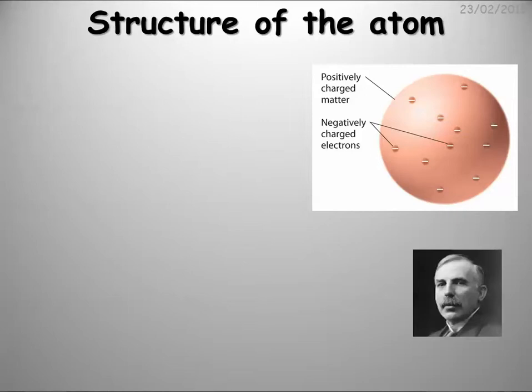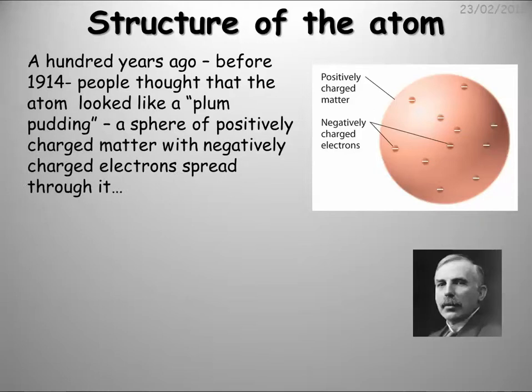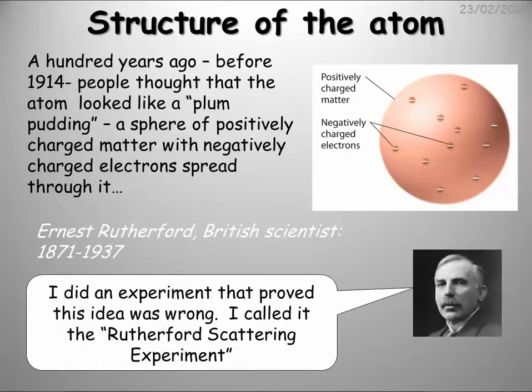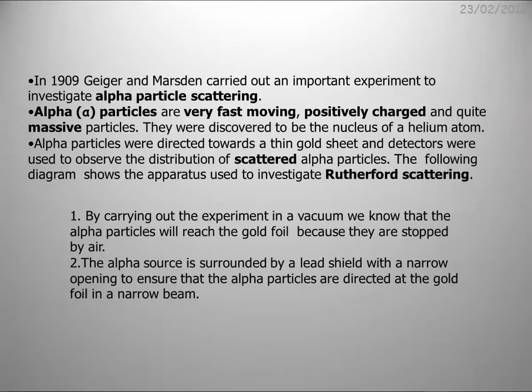Some people weren't sure about it either and needed to test it, so he came up with a test that he could use, and what he did we'll come to later. He called this one the plum pudding model, and Ernest Rutherford decided that he was going to do an experiment to try and sort that out, which strangely is called the Rutherford Scattering experiment.